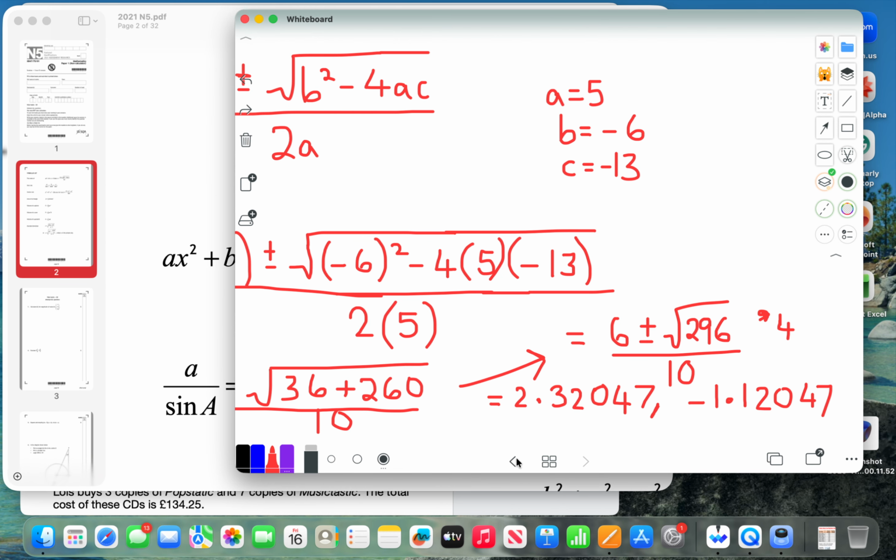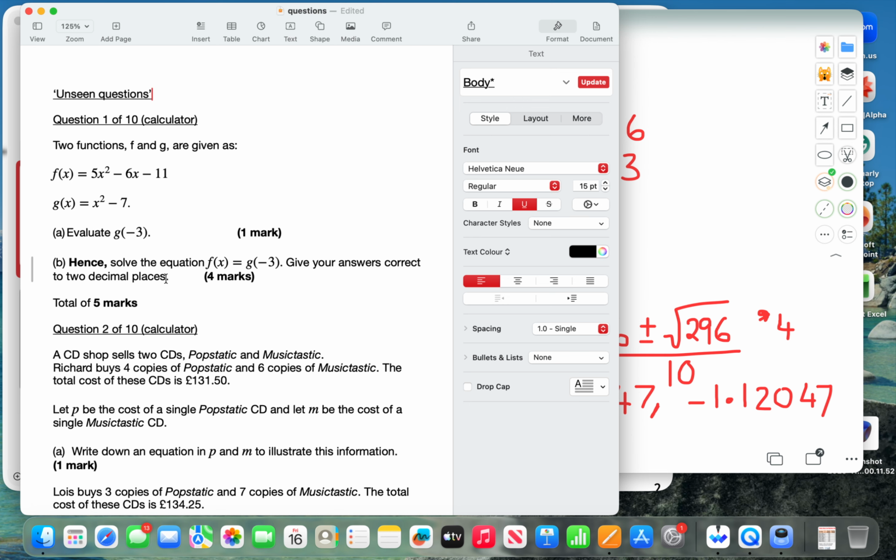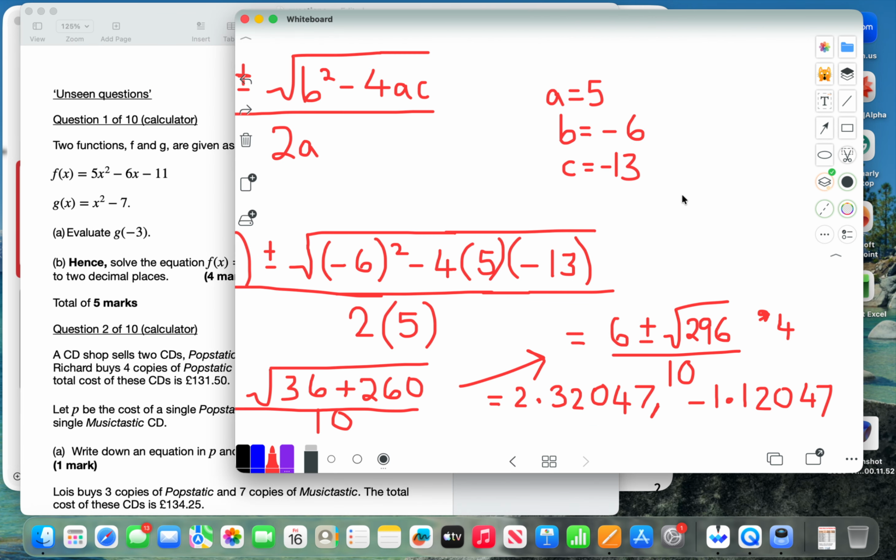But the question does ask us to give it to 2 decimal places, so we can't finish there. We have to do 2 decimal places.